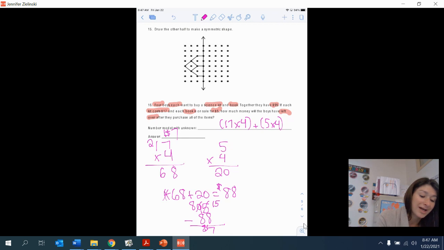Then I know at the end there, after we had to do something with that $95, we have to put our 95 up front here because we subtracted, even though it wasn't our first step. But if we were writing this as an equation, we know that we have to do the numbers in the parentheses first, and then what's outside of the parentheses based on our order of operations. So your number model would look something like this.